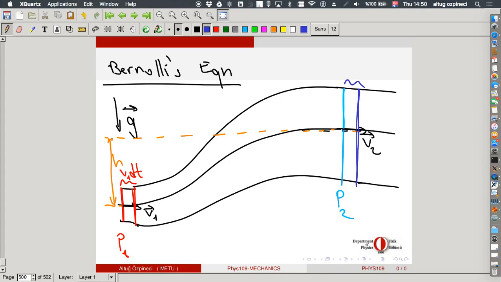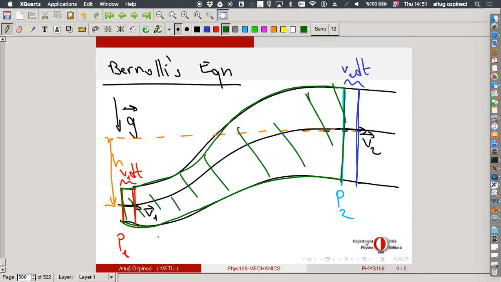And this length over here is V2 times dt. Now let us look at the change in the energy of all the liquid within this volume. So this was our initial volume. Then this initial volume moves such that this area becomes this one and this area becomes this one.